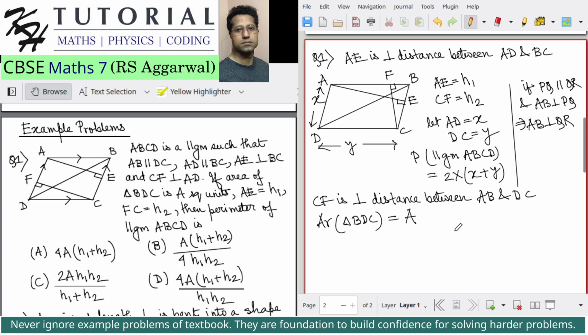Please note that a diagonal in a parallelogram divides the parallelogram into two congruent triangles, and the areas of congruent triangles are equal.